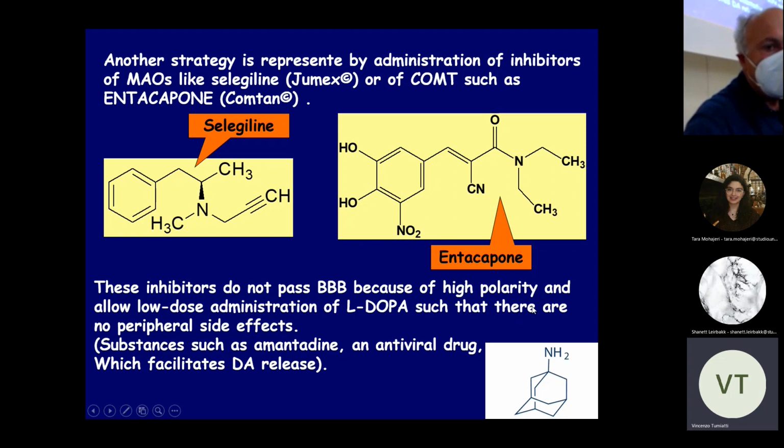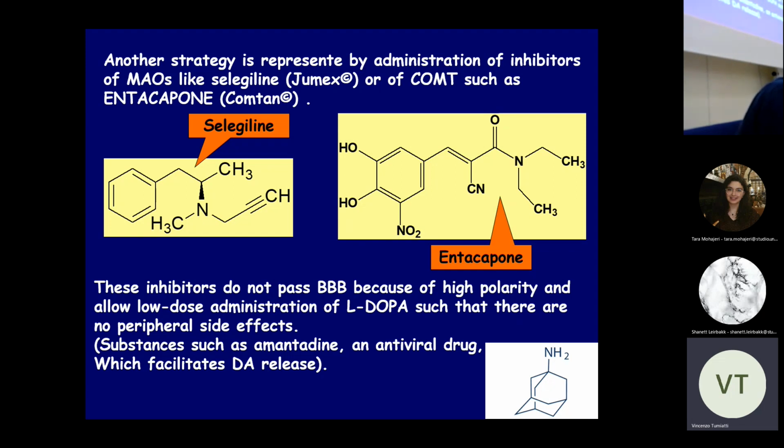There is another compound called amantadine. We have already seen this compound as an antiviral drug. This compound is able to block the uncoating of the viruses inside the cell.